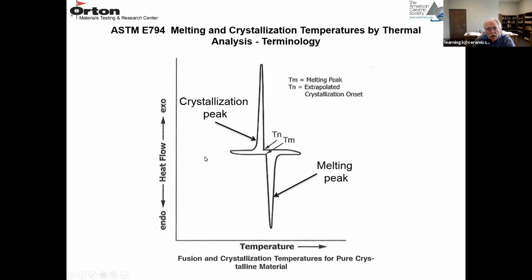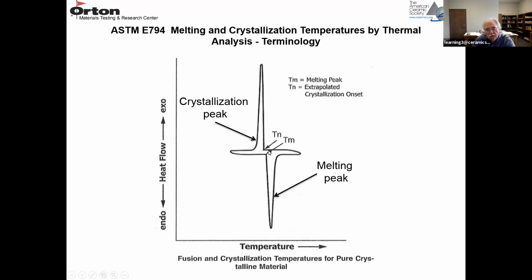So let's say you start out with a material at some temperature, and you heat it, and all of a sudden you get a melting peak. It's endothermic. You have to add heat to cause the material to melt. So you get a sharp peak here, and then it's melted, and you continue on up after it's melted.